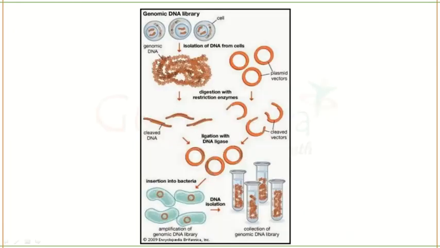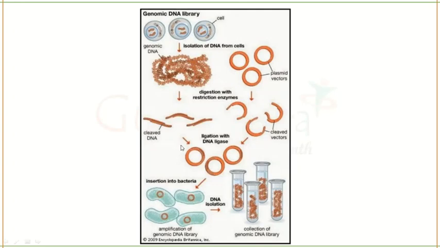So what happens in a genomic DNA library construction? This is the genomic DNA that is isolated from a cell. So these are the cells. From these cells, we are going to isolate the genomic DNA, and you're going to restrict it, which means cut it using the restriction enzymes like this. You have a plasmid vector, that also you're going to cut.